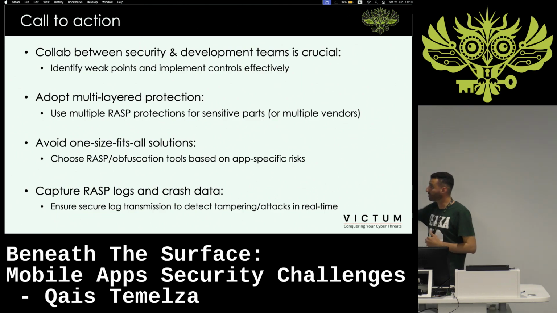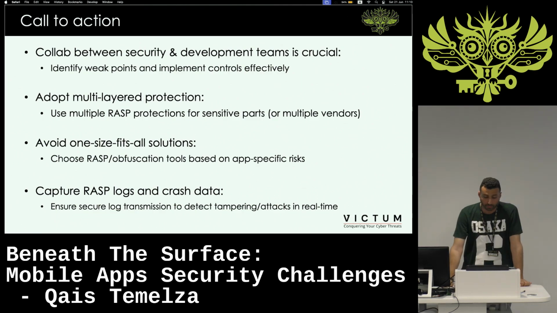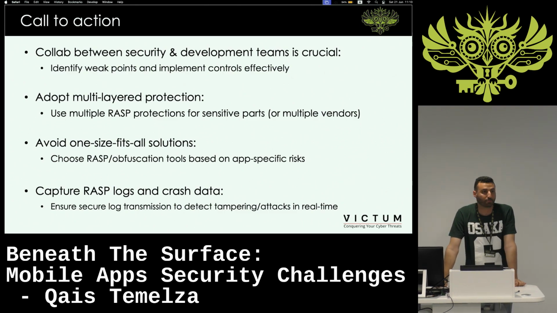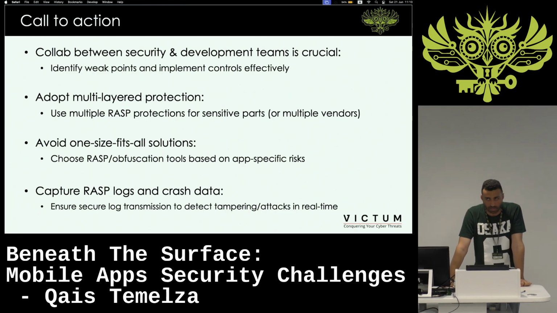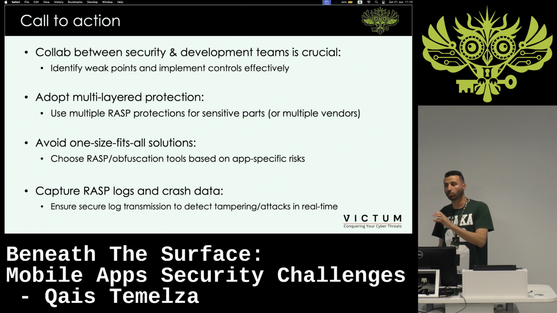So I would emphasize the first point a lot. Again, we mentioned this briefly, but having your security team really understand the app will help them secure the app in a better way. And also having your development team understand how they can develop secure code.